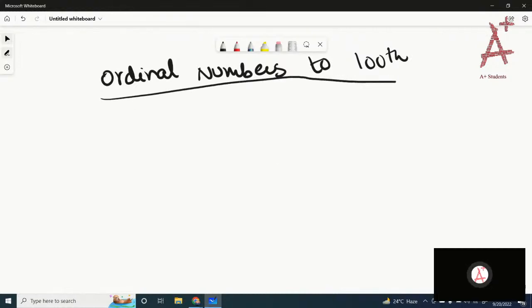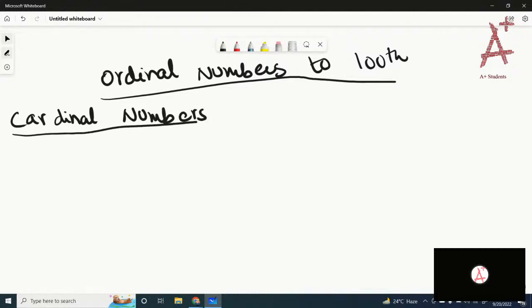Okay, so first, before doing this lesson, you need to understand two very important concepts, and these concepts are cardinal numbers, cardinals, and ordinals. So first we are going to learn what are cardinal numbers. A cardinal number says how many of something. If you have to count something, that means they are cardinal numbers. How many of something.